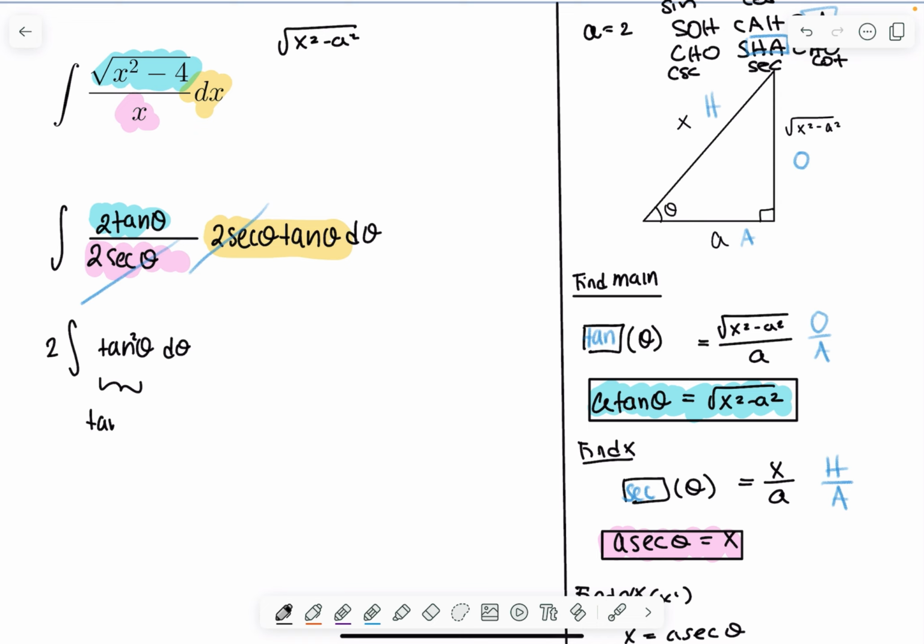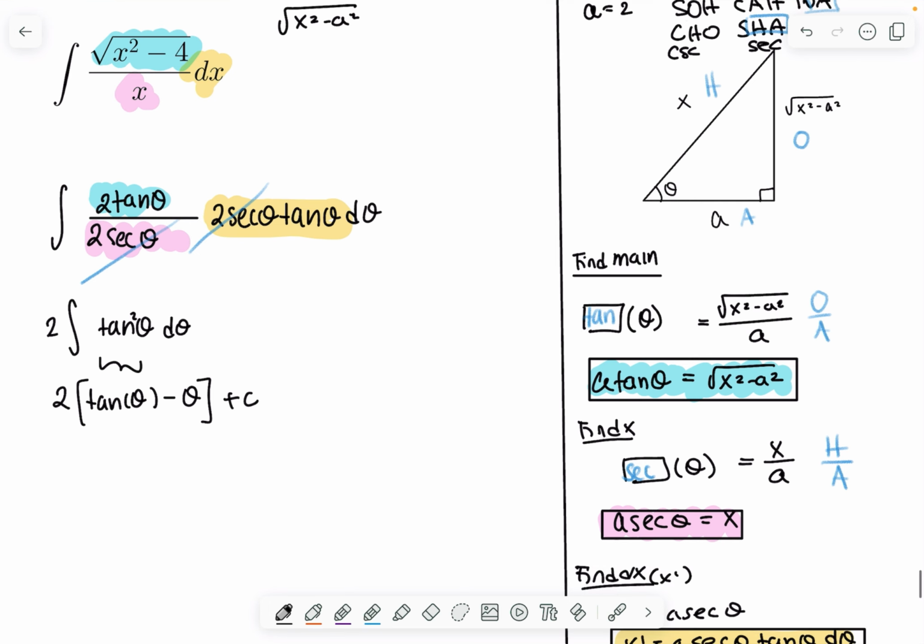That is tangent of theta minus theta. And then we bring out the 2 because everything's being multiplied here by 2. And a plus c because it's an indefinite integral. So in this case, this becomes 2 tangent of theta minus 2 theta plus c.